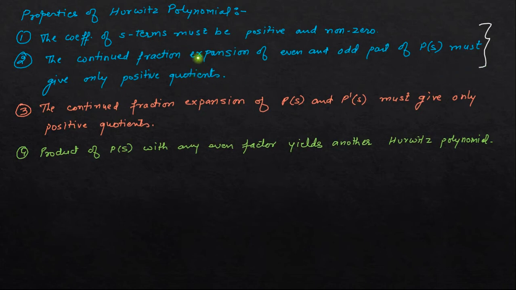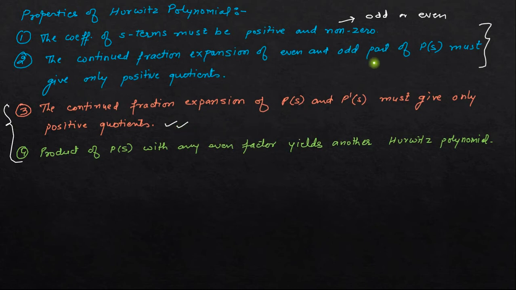If either of these two conditions does not hold, then we need to consider conditions number 3 and 4. If condition number 1 does not hold, that means the polynomial must be either an odd polynomial or an even polynomial. In that case, we will consider condition number 3. The condition number 3 said the continued fraction expansion of P(s) and its derivative P'(s) must give only positive quotients.